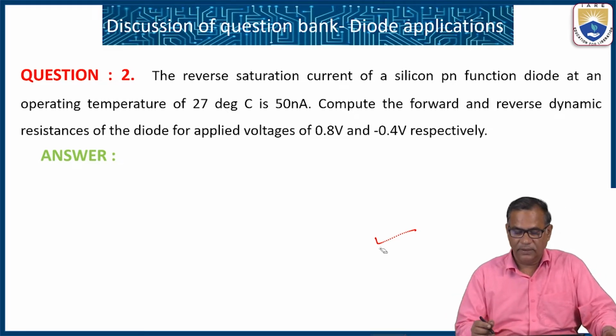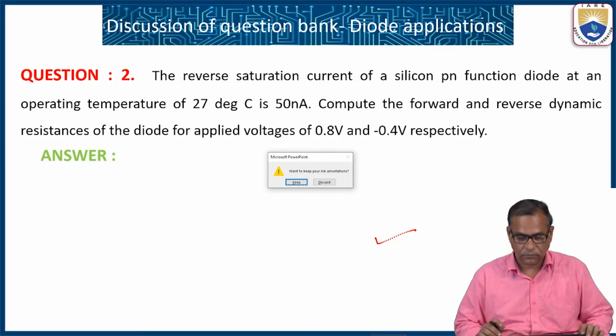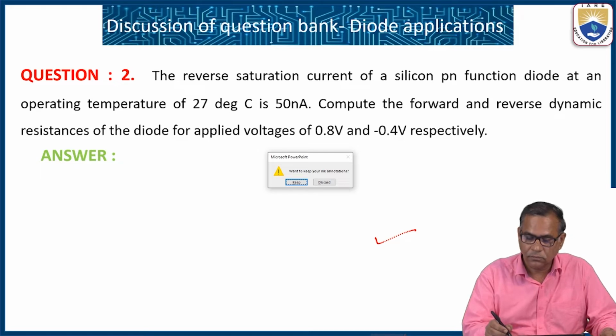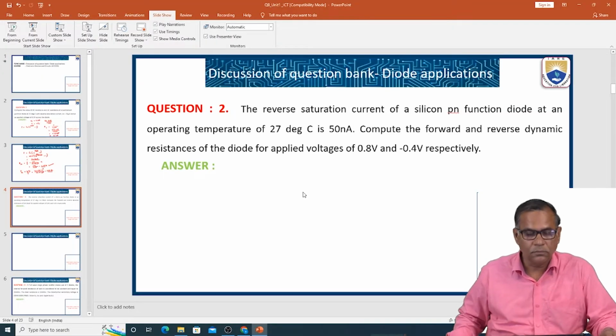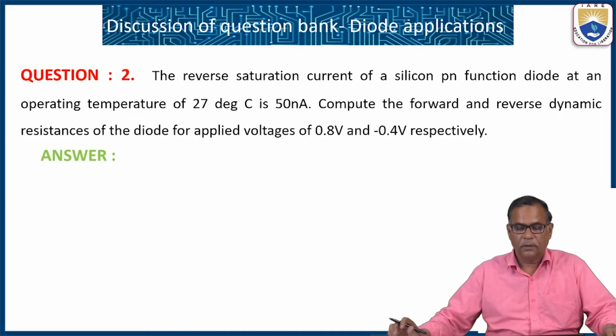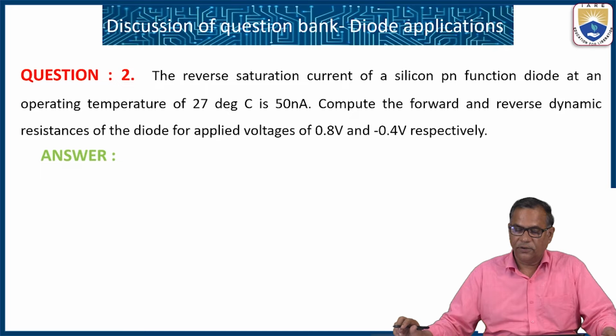The second problem is: the reverse saturation current of a silicon PN junction diode at an operating temperature of 27 degrees centigrade is 50 nanoamperes.